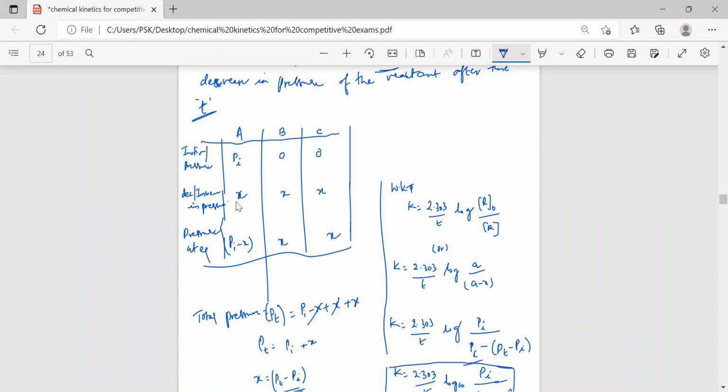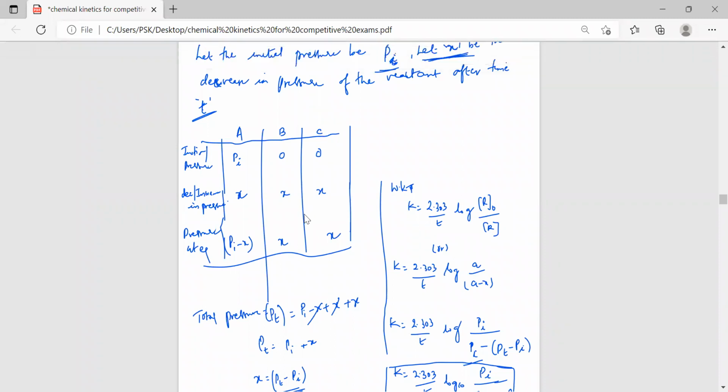Now, when the decrease in pressure of the reactant is X, it means the pressure of the products formed is also X. How much of reactant is decreasing, that much of product is formed. How much of pressure is decreasing in the reactant, that much of pressure will be increased in the product form. So here, X is decreasing. That means product formed is X and X. So what will be the equilibrium pressure? Equilibrium pressure is initial pressure minus X in case of the reactant.